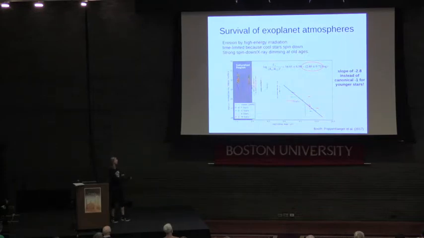So in general, this might be very good news for habitability because we lose quite some atmosphere of exoplanets here, but once we enter these ages, whatever is left of atmospheres might be surviving for quite a long time.